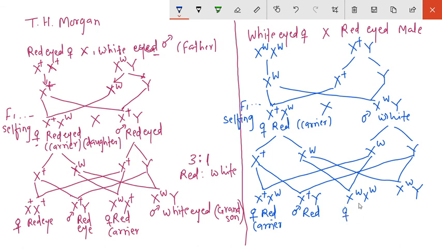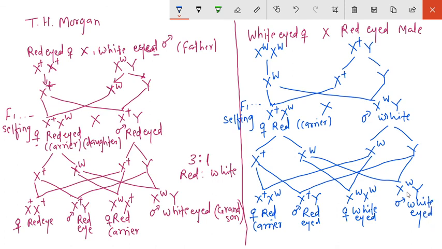The male is red-eyed and normal. Another female is white-eyed, and the male is white-eyed.